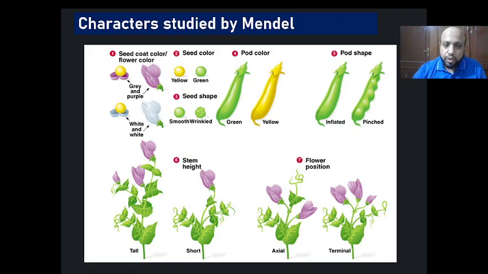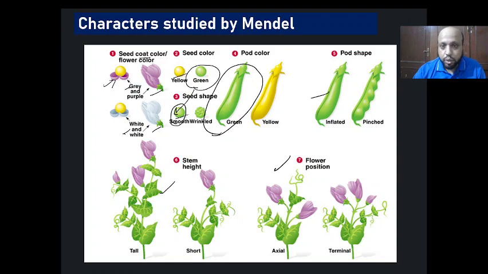Essentially, what you can see in this picture is the seed coat color, gray versus white; the flower color, purple versus white; the height of the plant, the flower position, the pod shape, the seed color, and the seed shape. Just to add, the green pod color, the green seed color, and the smooth seed shape are what we eat.